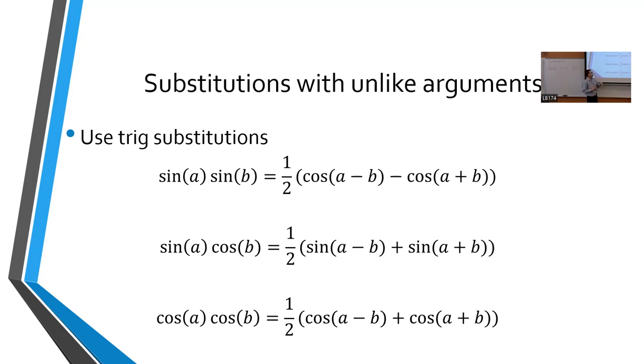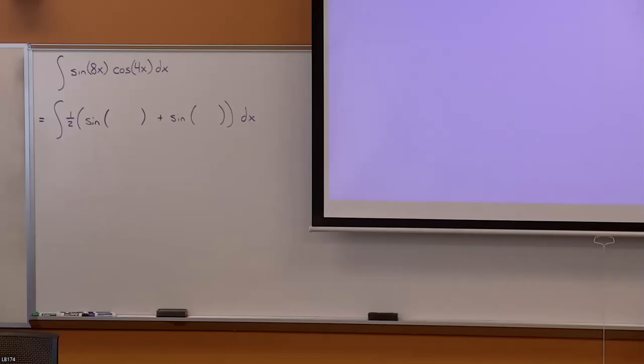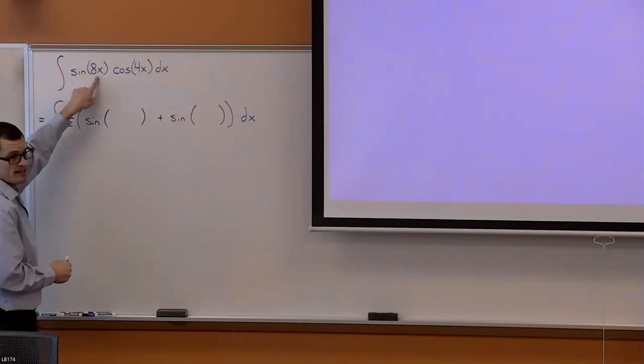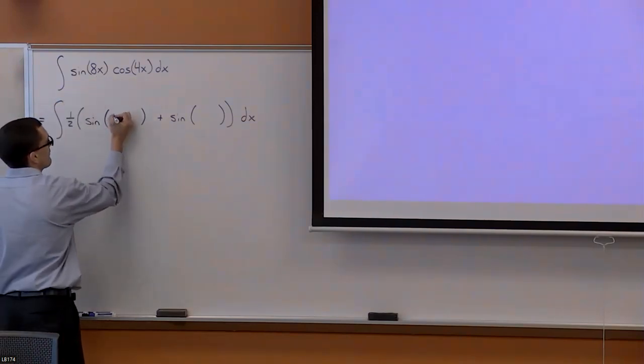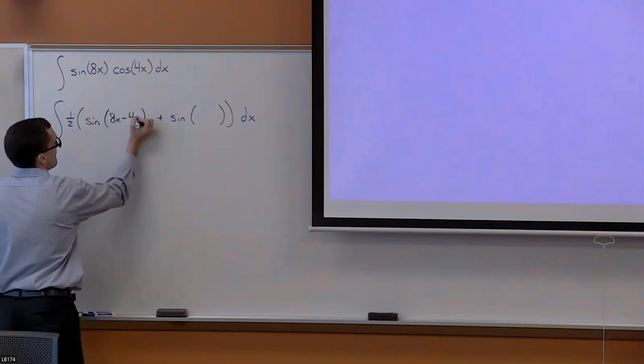However, in this one, the order does matter. The A is the one that's the argument inside of sine, and the B is the one inside the cosine. So just be very careful on that one. You don't have to be as careful on the other two about which one you call the A and which the B. Here, the A has to be inside of the sine, and the B has to be inside the cosine. So when I do 1/2 sine of A minus B, I have to be really careful that I use the A as 8x and the B as 4x.